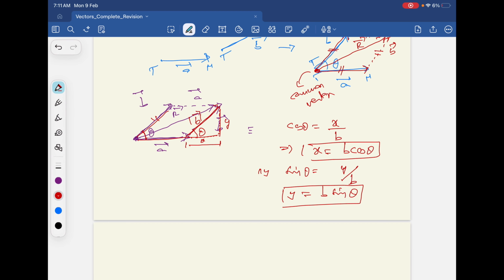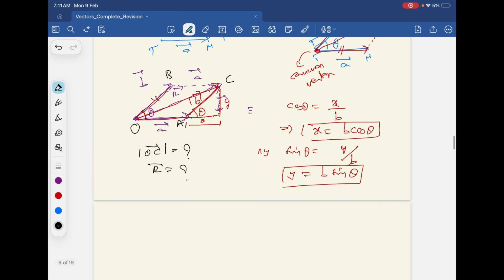What is our aim actually? Our aim is to find the magnitude of this vector. Say this is O, this is A, this is B, and this is OC. So we want to find the mod of OC, that is the magnitude of R bar. Take triangle OCM, with this perpendicular as M. From triangle OCM, OC square is equal to OM square plus MC square.